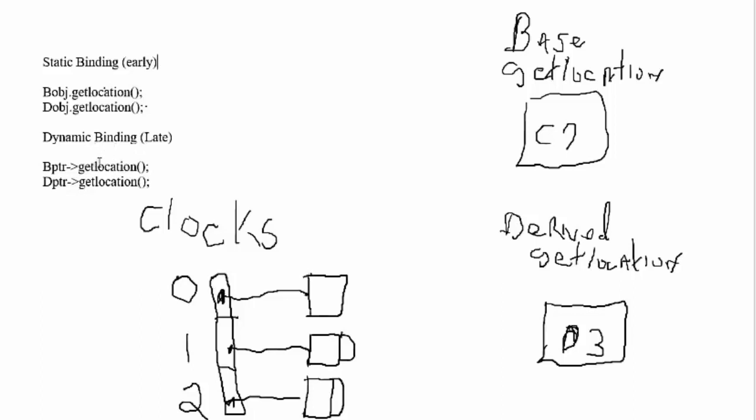Now, for the sake of this class, we're going to say we can always identify dynamic binding when it deals with pointers and virtual functions. But there is a scenario when we're passing objects through a function parameter list that late binding can also take place, especially when we're passing by reference.